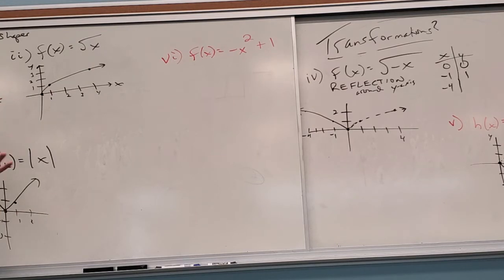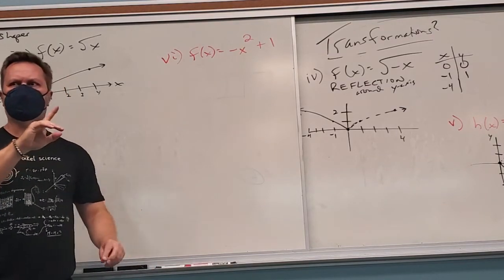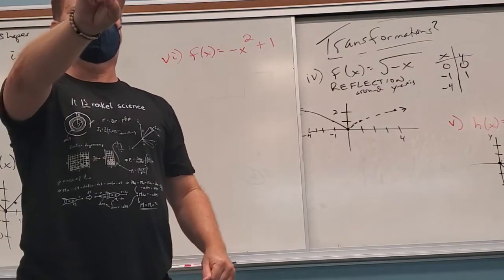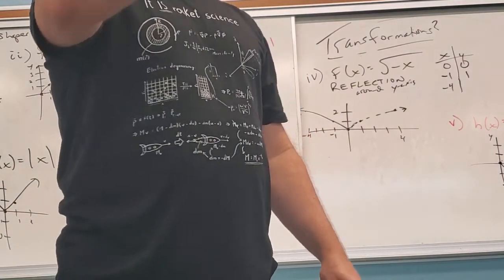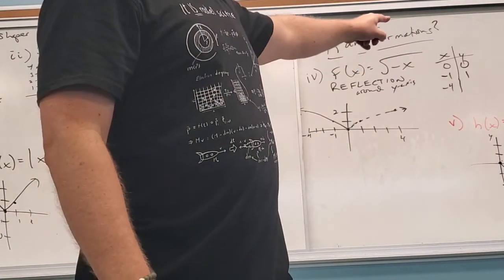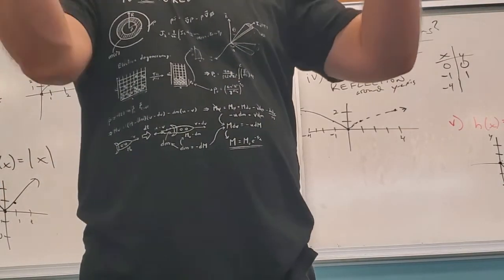Don't say anything, just try to do it. How many transformations? Don't tell me what they are. There are 2, aren't there? Isn't it negative? What kind of a transformation is that? Reflection. So there's a reflection and there's a movement somewhere.